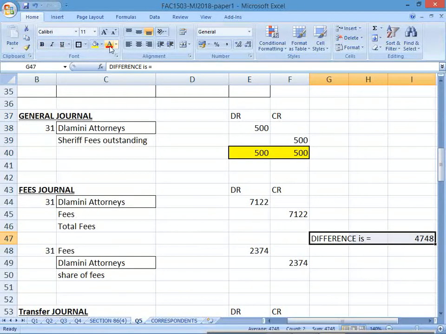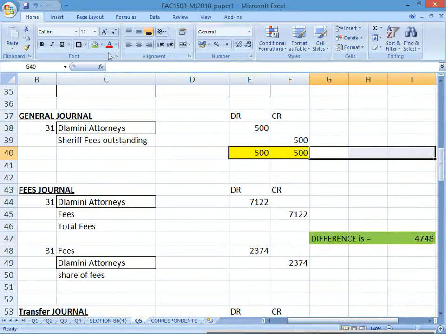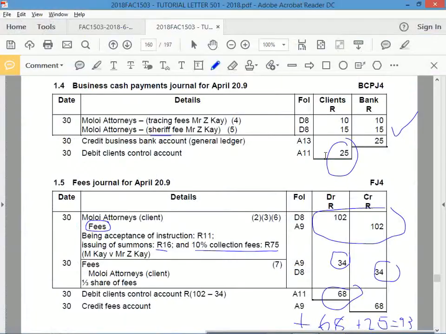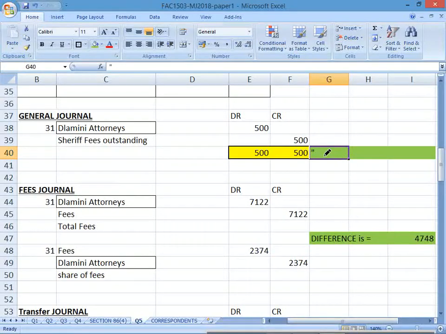So those two amounts need to be added together. Let's add those two together. This plus that. The 500 would have been from the business CPJ. The business CPJ had a total of 500.